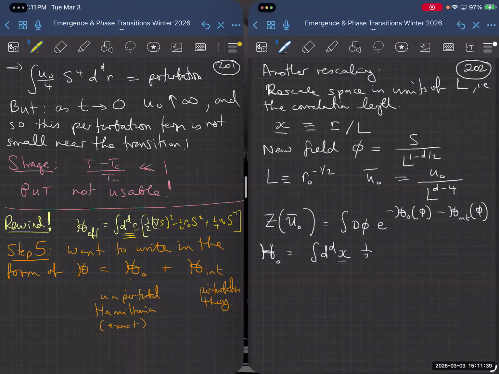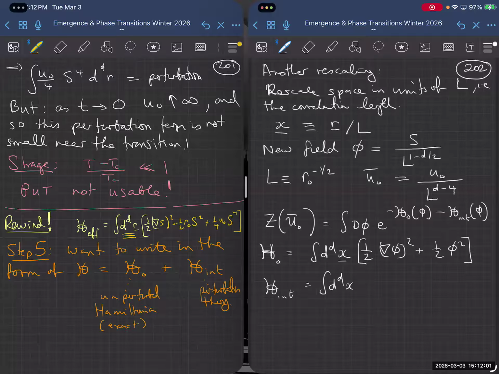Everything now is dimensionless. So this is 1/2 grad phi squared plus 1/2 phi squared. So all the coefficients in my unperturbed Hamiltonian are just pure numbers. There's nothing that depends on t minus tc. And then my interaction Hamiltonian looks like this: integral d^d x, and then 1/4 u naught bar phi to the fourth.